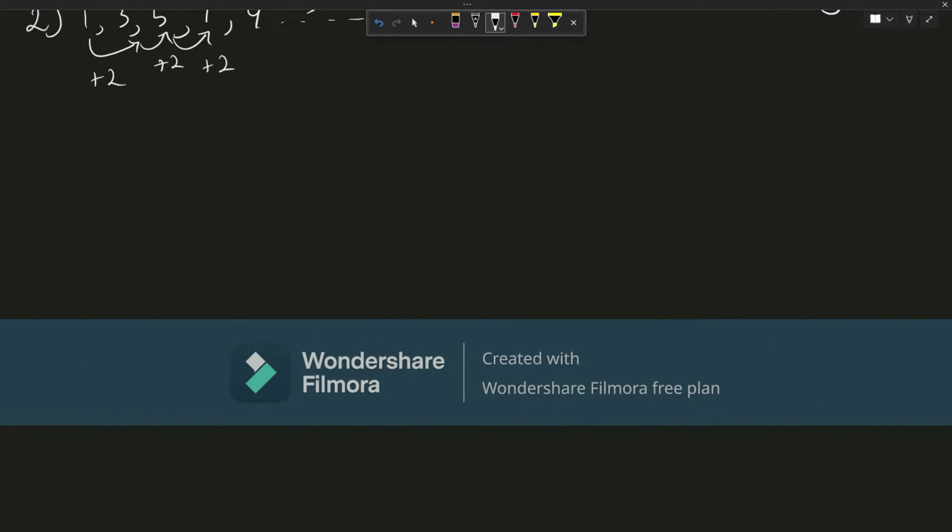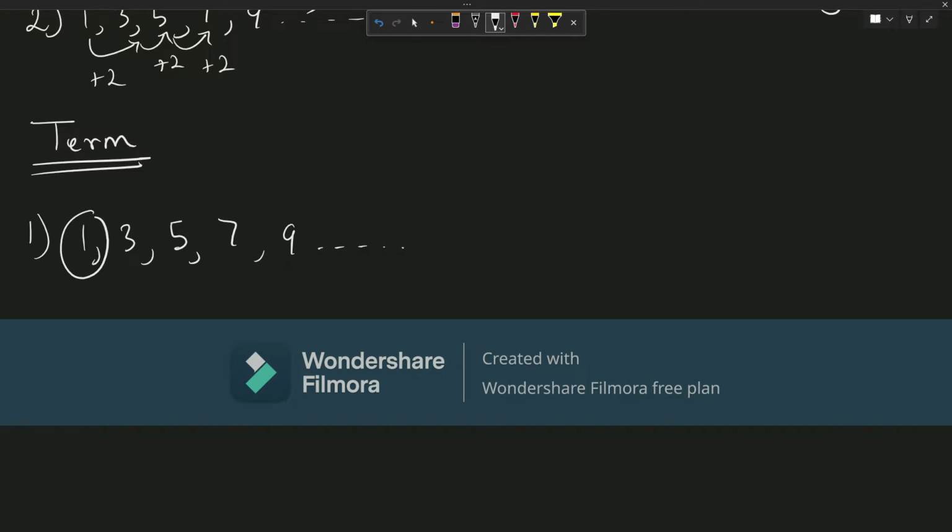Now, what is a term? Suppose they have given you a sequence 1, 3, 5, 7, 9, and so on till infinity. Now, a term can be this number, it can be this one, it can also be 7, it can be 9 as well.